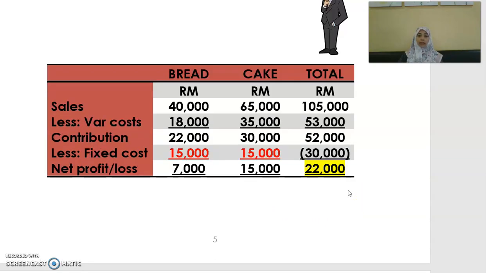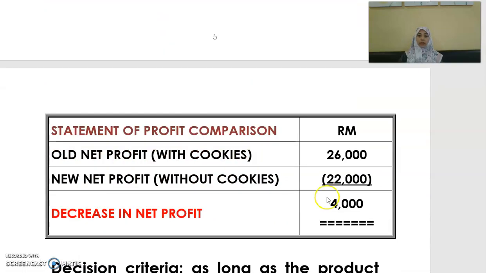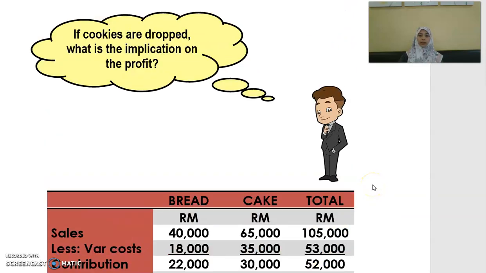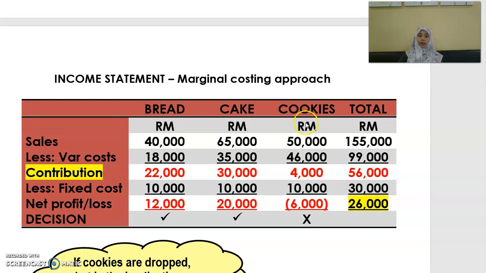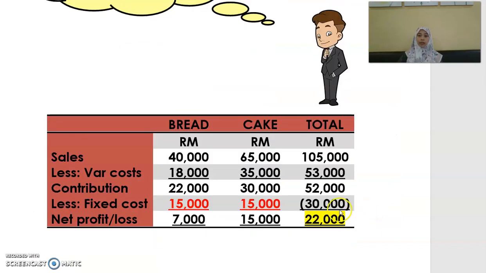So what's the implication on the profit? Look at the profit comparison. With the old net profit, if you continue to produce cookies, the net profit is 26,000. But with the new profit, if you drop cookies, the profit will only be 22,000. Why?